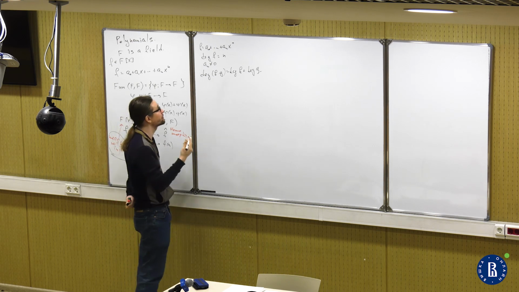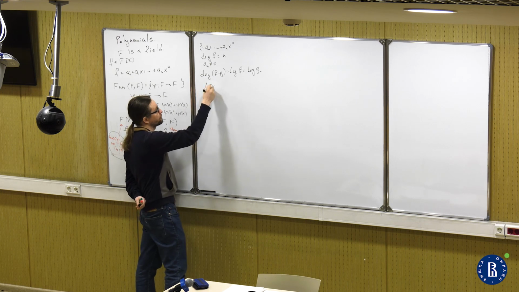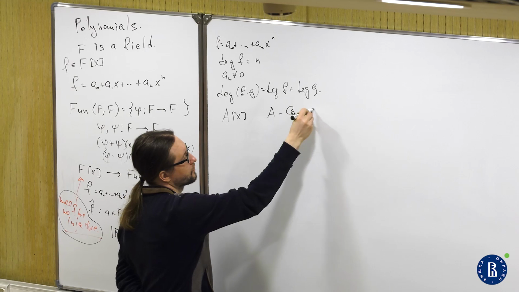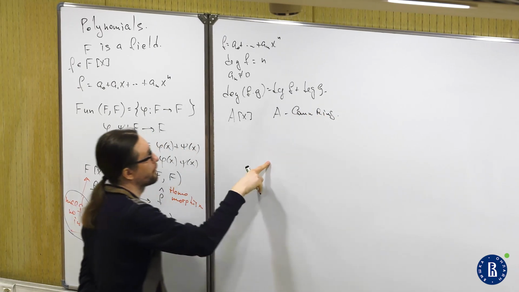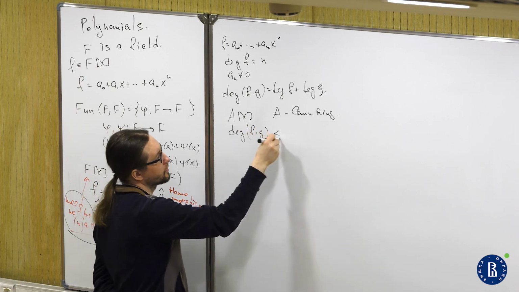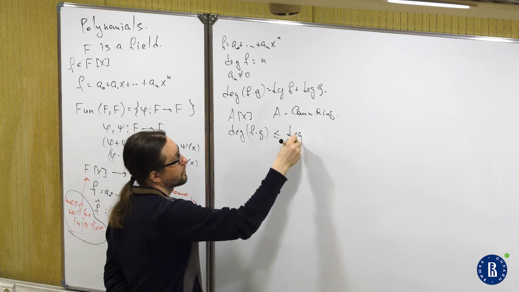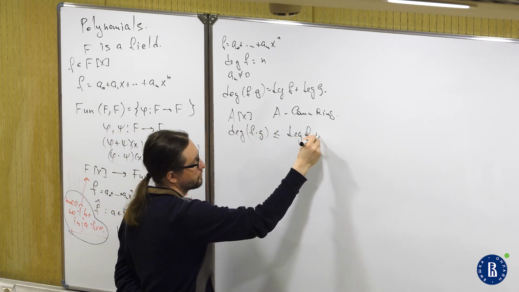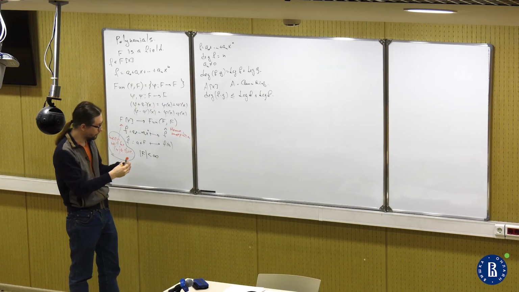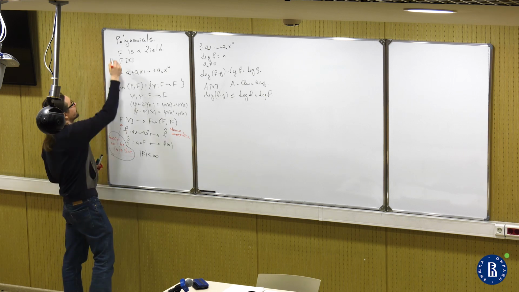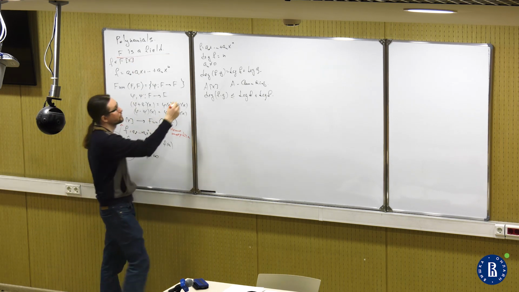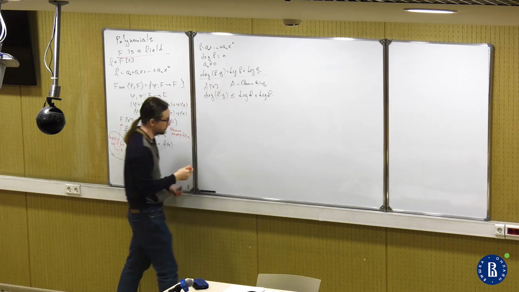So if you take an arbitrary polynomial ring with coefficients in an arbitrary commutative ring, then the degree of the product is not higher than the sum of the degrees. But in our case, the coefficients belong to a field, and in case of a field, this happens.